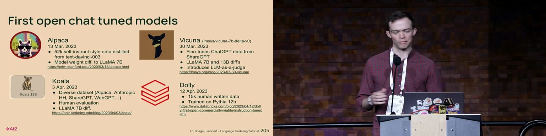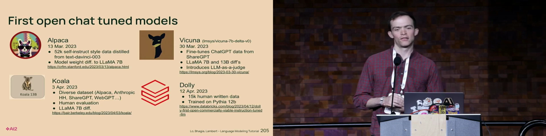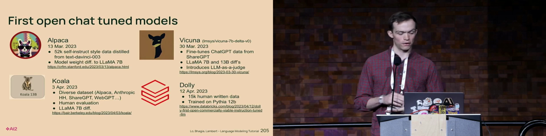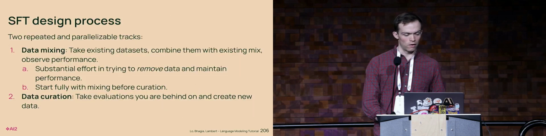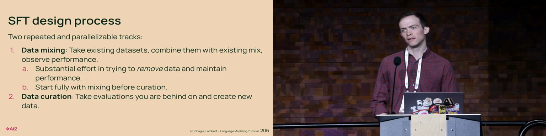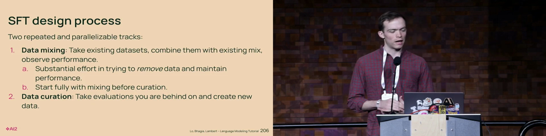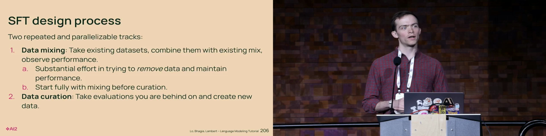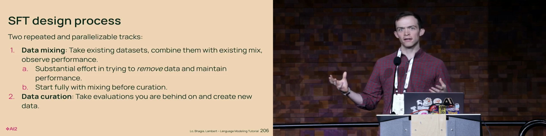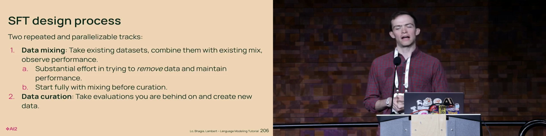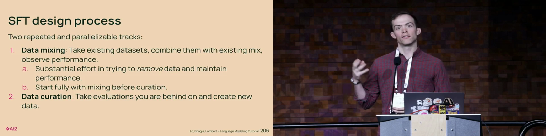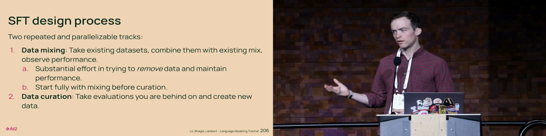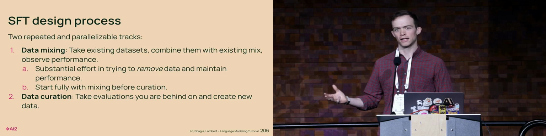and we'll get to much newer examples, but it's important to remember that while simple, instruction tuning is still very detail oriented, and you have to do a lot of data processes. So in building a good model, you keep doing two things. One is you're taking existing data and mixing it together to understand how performance changes on your tasks. And if performance is not where you want it to be, you should make targeted data curation.